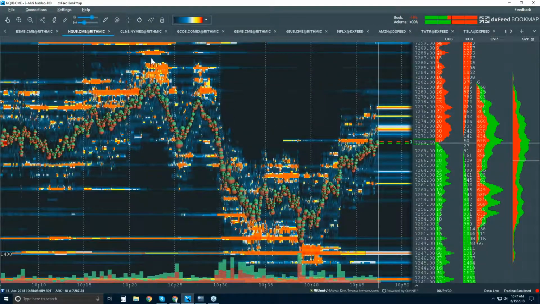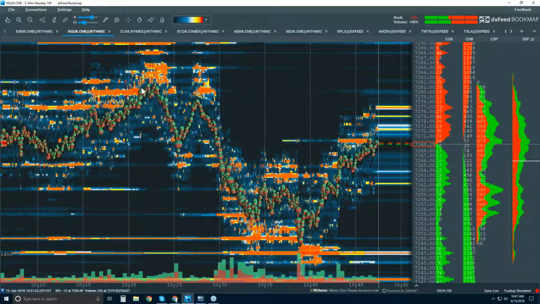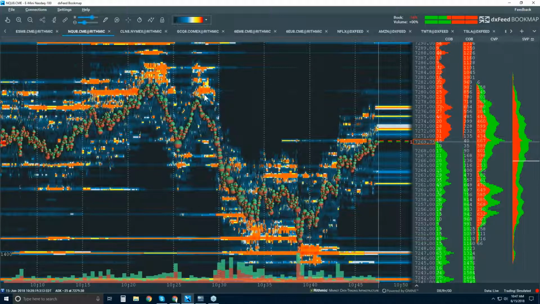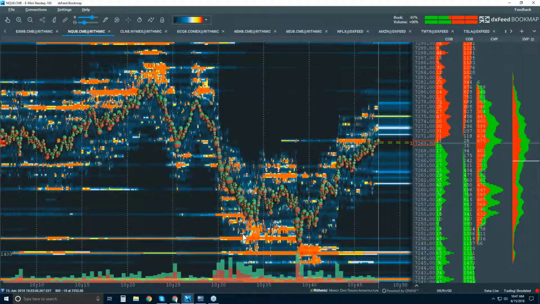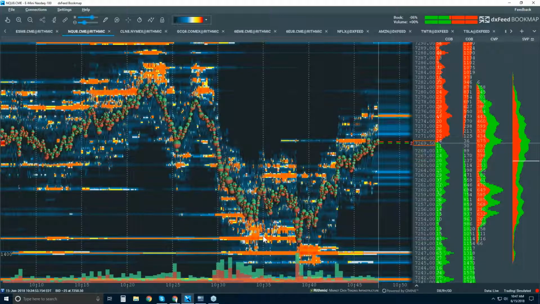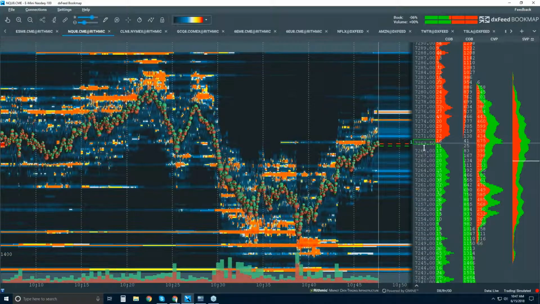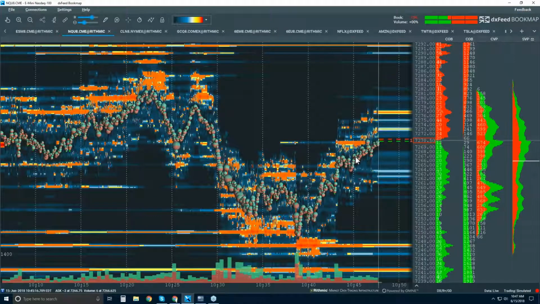So what's going on up here? Well, these are sellers, a lot of activity on the sell side up here. Then we can see that price dropped and faded away right into the big buyers down here in these areas, and then price is bouncing up out of that area now.